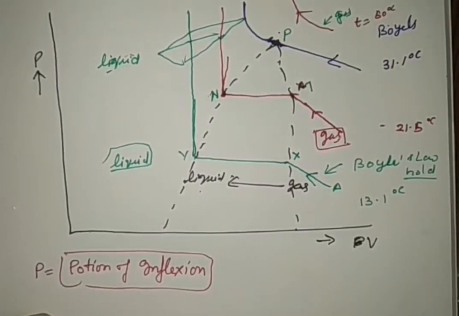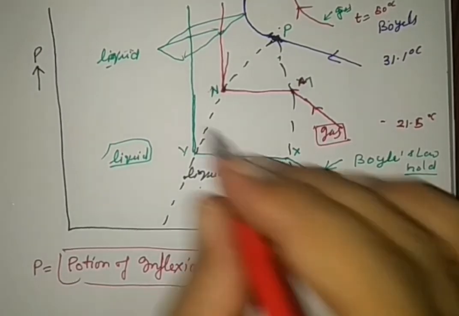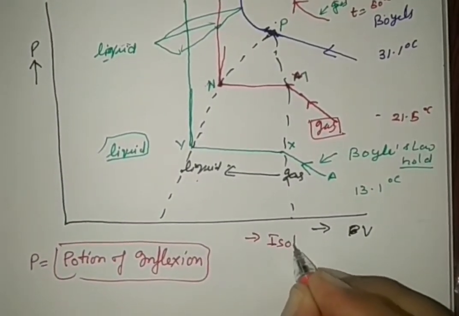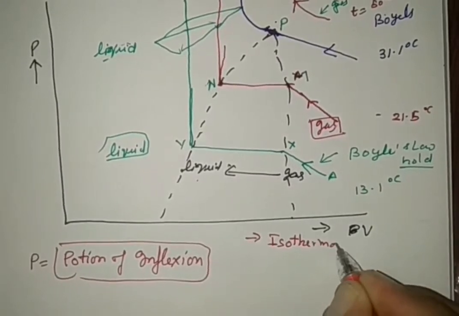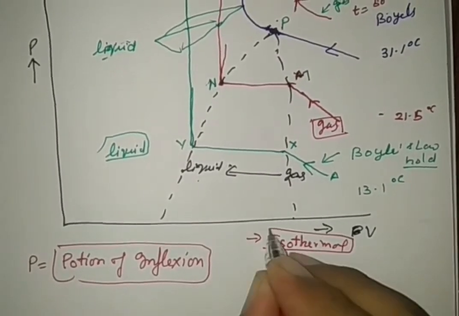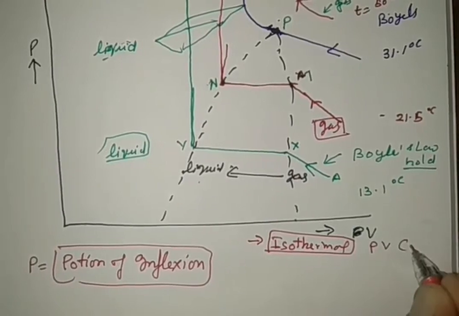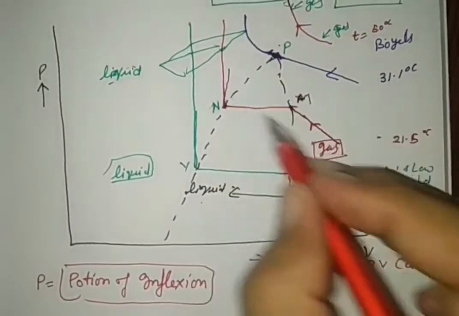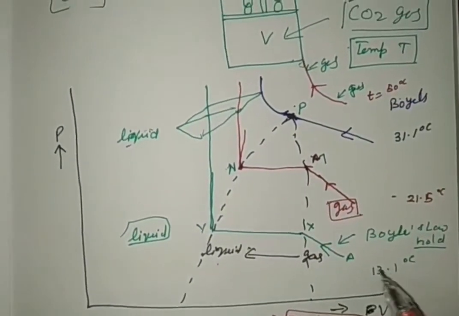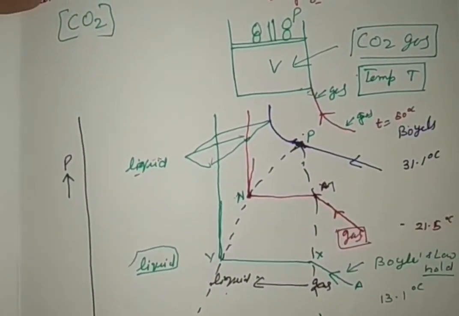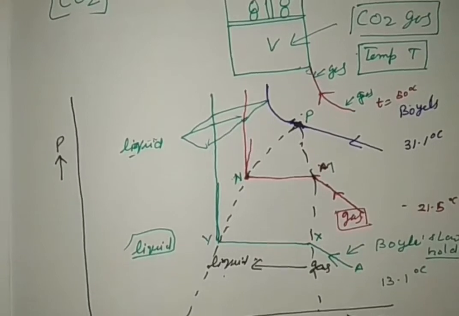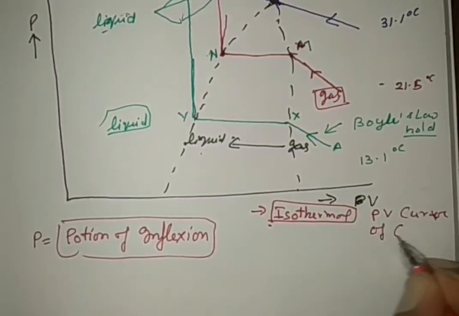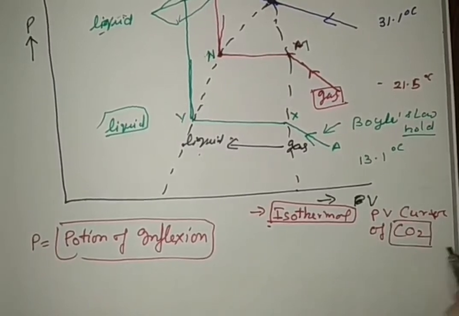This curve is known as the isotherm, PV curve. Why is it called so? Because each of the 4 graphs here represents a different constant temperature. Isothermal means where temperature remains constant. This is the isothermal PV curve of carbon dioxide.